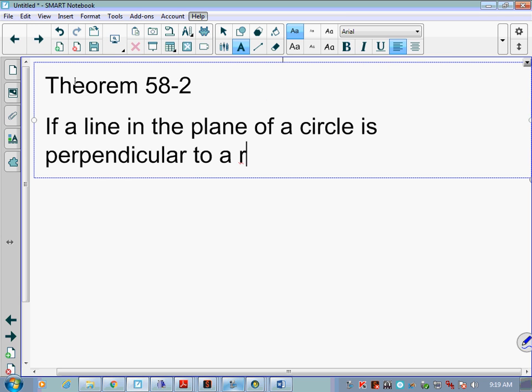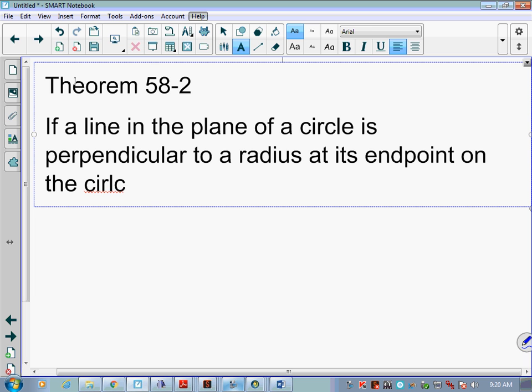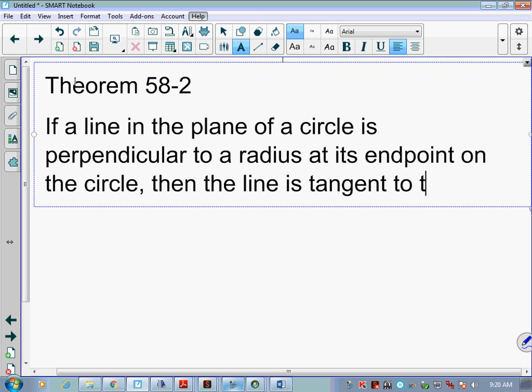If a line in the plane of a circle is perpendicular to a radius at its endpoint on the circle, then the line is tangent to the circle.